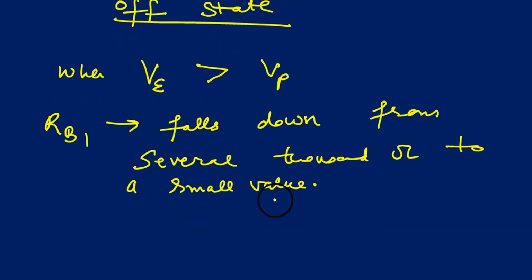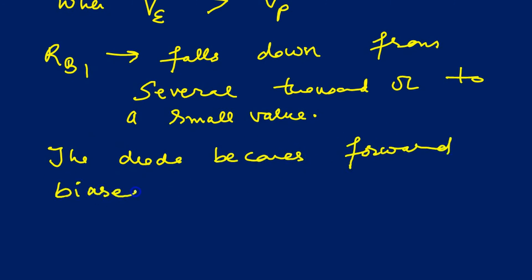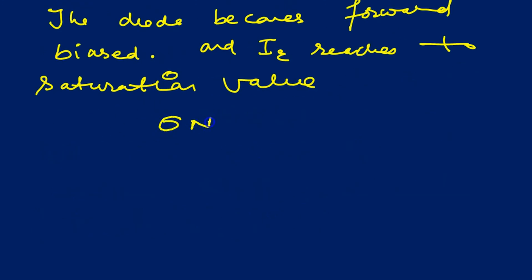With that, voltage comes down, current increases, and negative resistance. Okay, and the UJT is called on. Then IE reaches the saturation value. Okay, thank you very much.